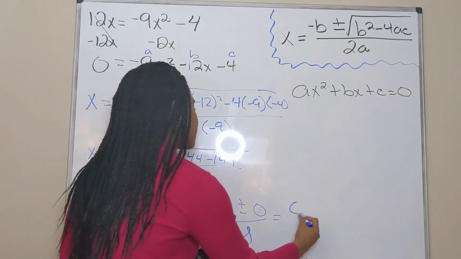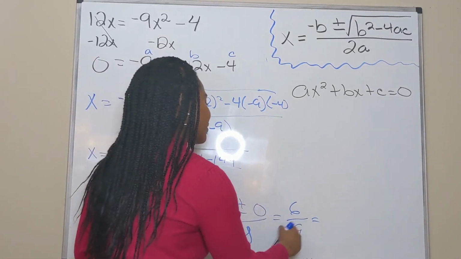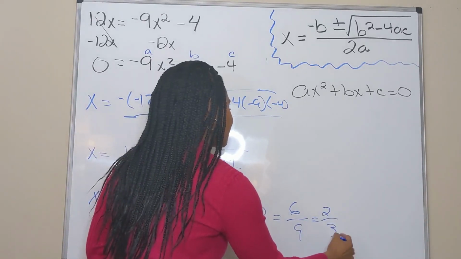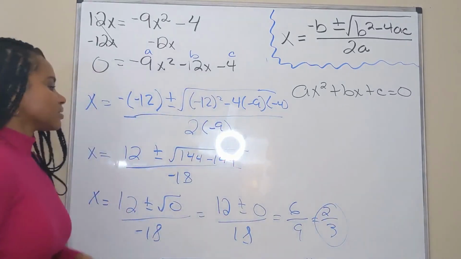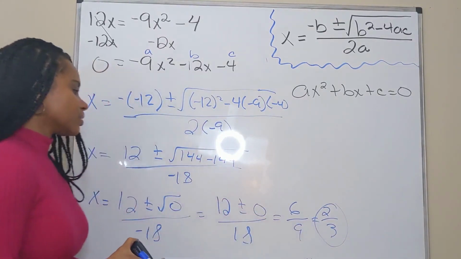Divided by 2, that's 6 over 9, and then I can reduce that again to 2 over 3. I could have divided by 6. But my final answer is 2/3.